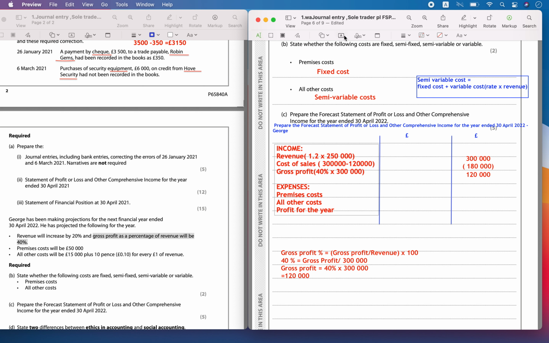Then the expenses. Premises cost is 50,000, so let's write it here. We have got the gross profit, now let's add the expenses.